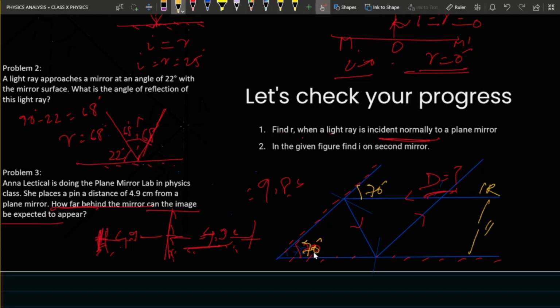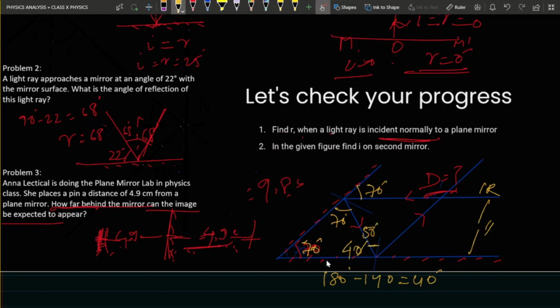So if this is 70, then this will also be 70, the glancing angle. If this is 70 and this is 70, then this will be 140, and 180 minus 140 is 40 degrees. This is 40 degrees. Now if this is 40 degrees, then this will be 50 degrees.